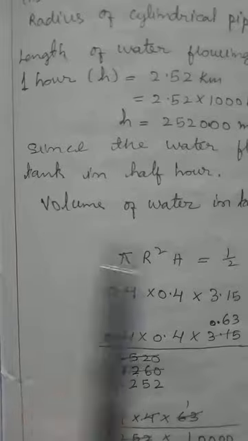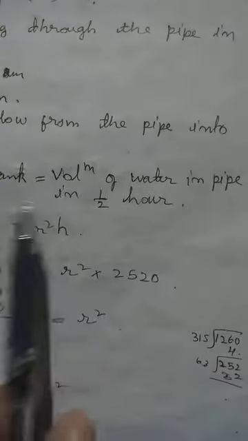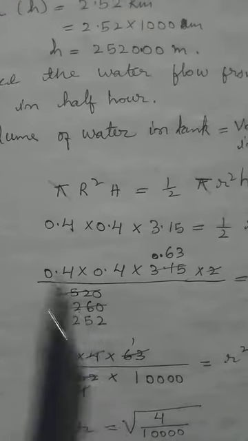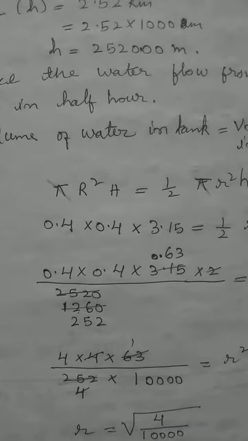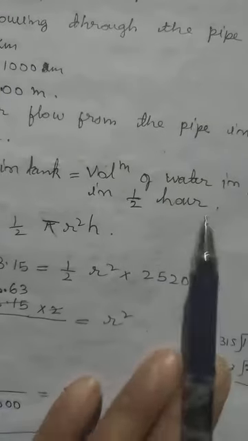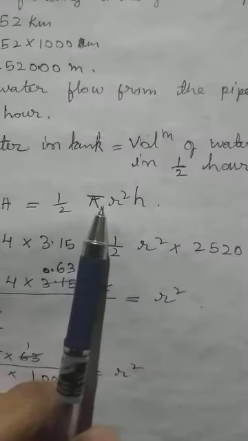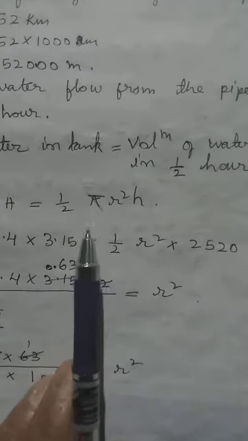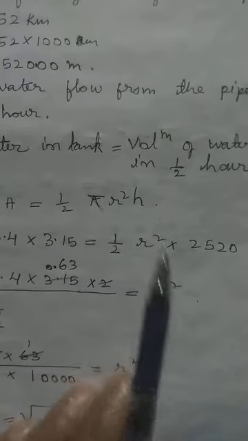So we can write that volume of water in the tank is equal to volume of water in the pipe in half an hour. The formula for volume of a cylinder is pi r square h. Here, since it is half an hour, we take 1/2 of the volume of water in the pipe, which is still a cylinder, pi r square h.